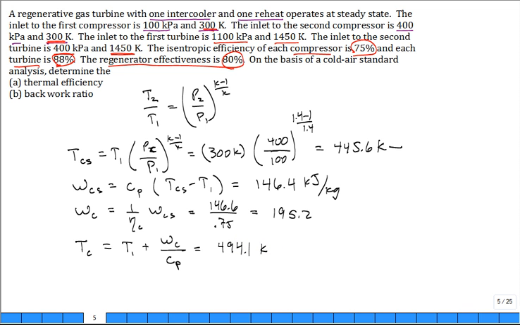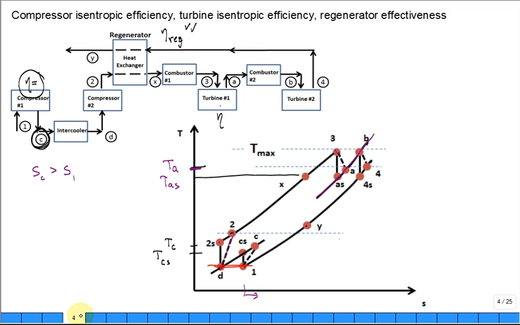So instead of coming out at 445, it comes out 494. It's warmer. So as I look back here, you could actually start putting numbers. This number for TCS, 445. This number for TC, 494. They're at the same pressure but higher temperature. That was all for what? Just the first compressor. All right?